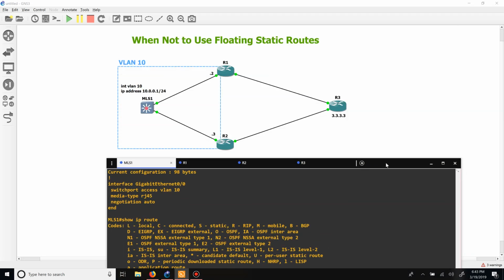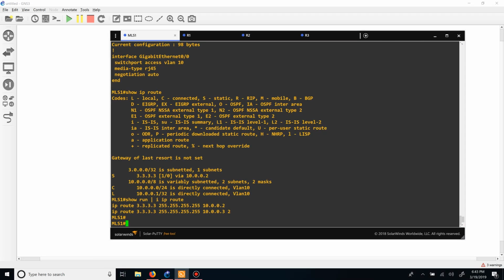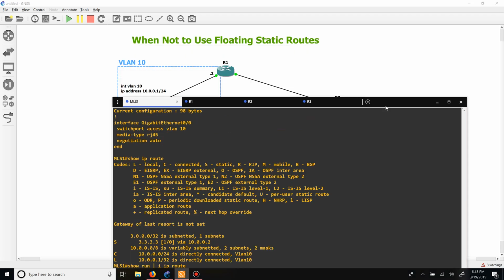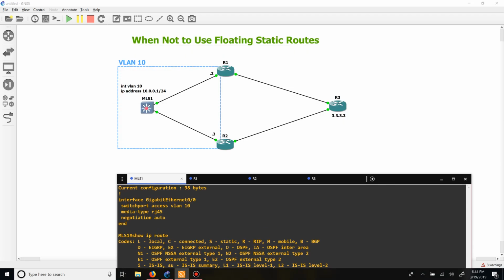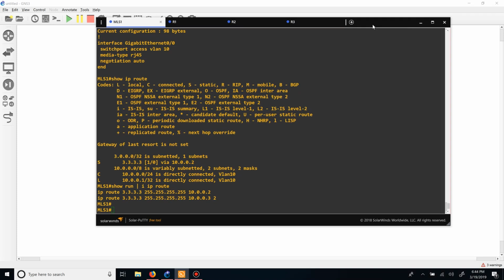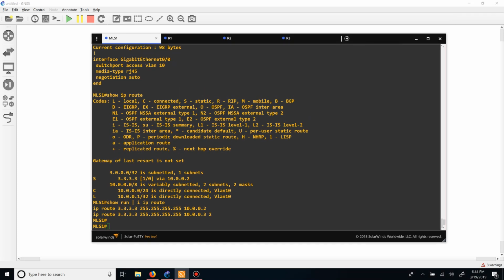So now the issue is, if in a normal circumstance, if it was on two different networks, you would see that if we shut down the interface going to router 1, the switch would take that route out of the routing table and then install the new one, or the one with the higher AD.